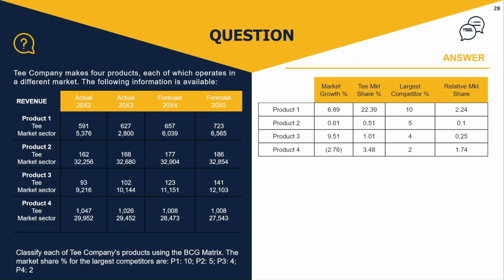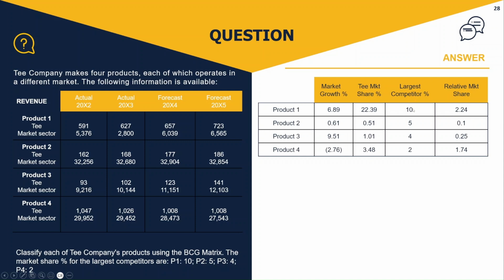So you can see here I've got market growth for product 1 of 6.89%, product 2 is 0.61%, product 3 is 9.5%, product 4 is actually negative 2.7%. Tea market share for product 1 is 22.39%, product 2 is 0.51%, product 3 is 1.01%, product 4 is 3.48%.